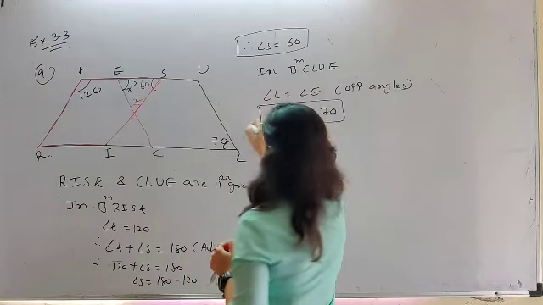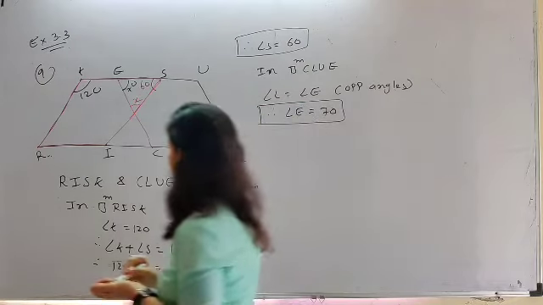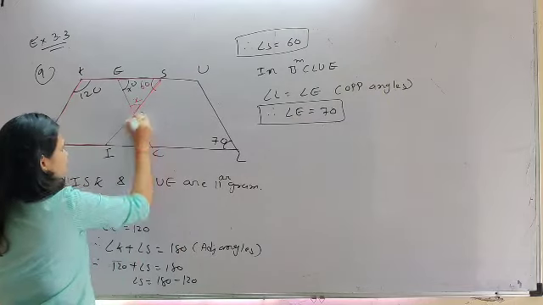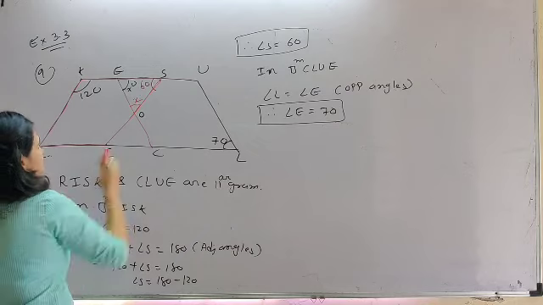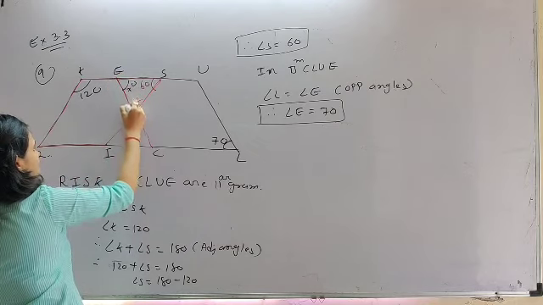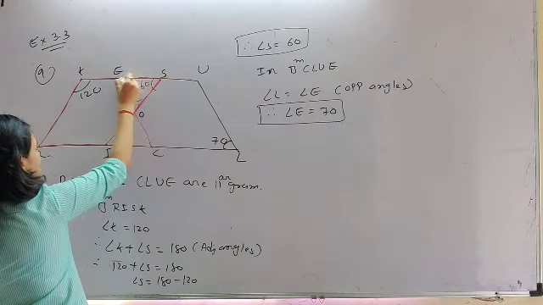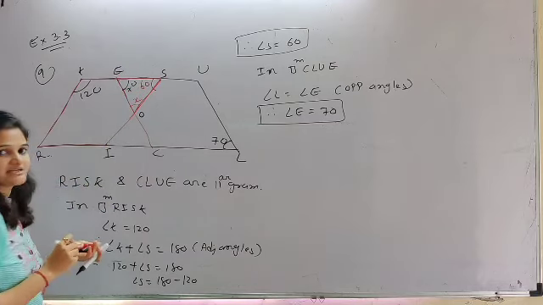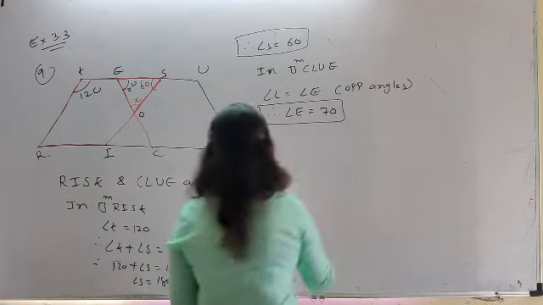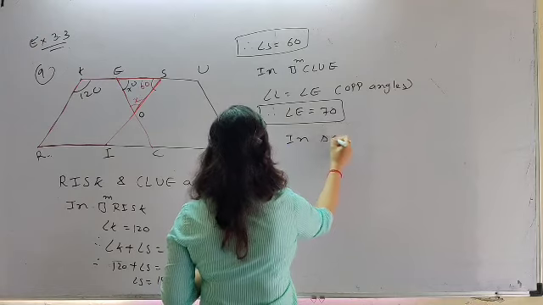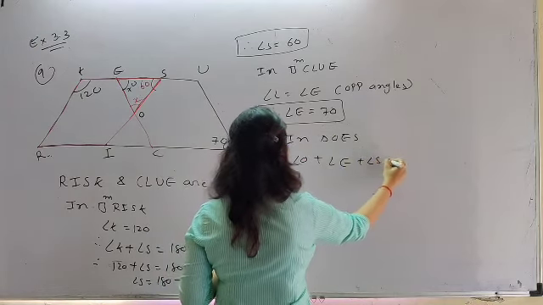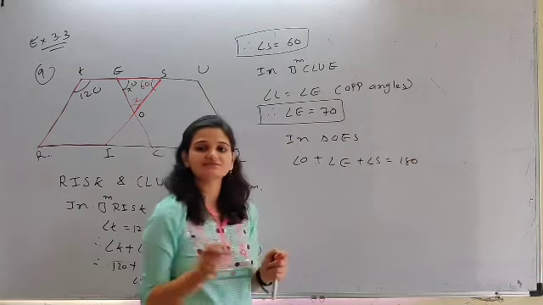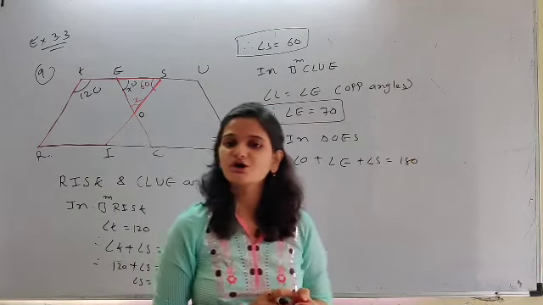Now we have to find x. In this triangle, OES, I know the measure of two angles, that is 70 and 60. So in triangle OES, angle O plus angle E plus angle S is equal to 180, as the sum of all three angles of a triangle is always 180.